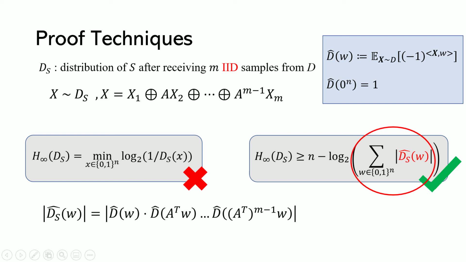So our goal is to compute the sum of the Fourier coefficients of ds at all vectors. Notice that the Fourier coefficient of any distribution at all zeros is always 1. We can safely ignore this string and compute the sum of the Fourier coefficients of ds at non-zero vectors. If this sum is close to 0, then ds converges to uniform.